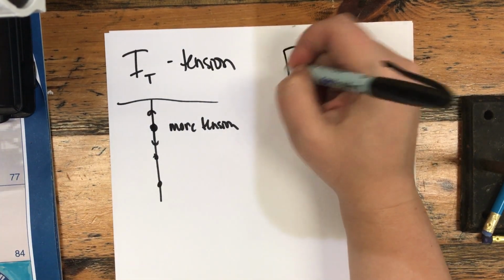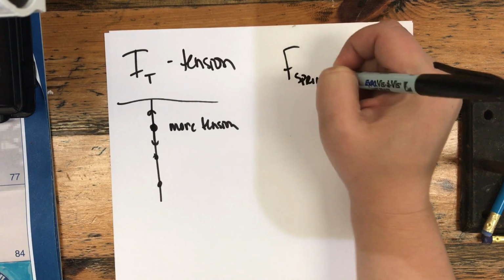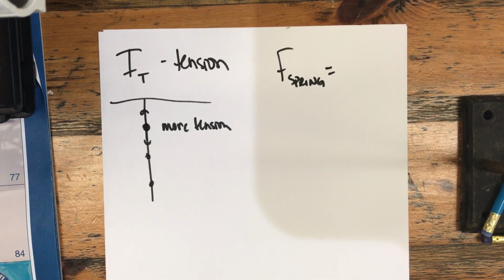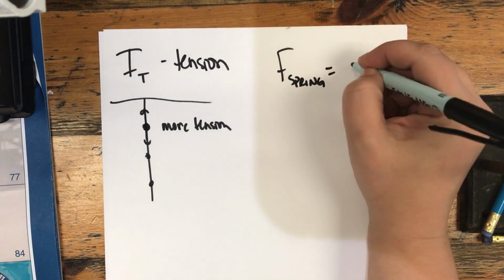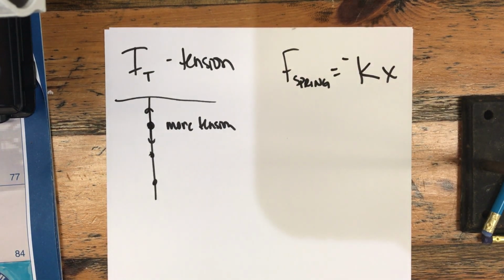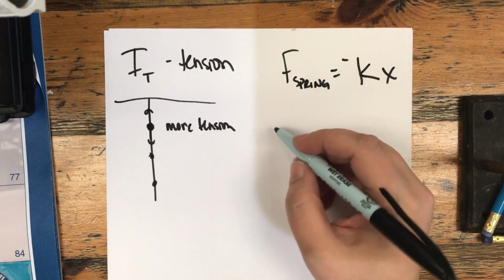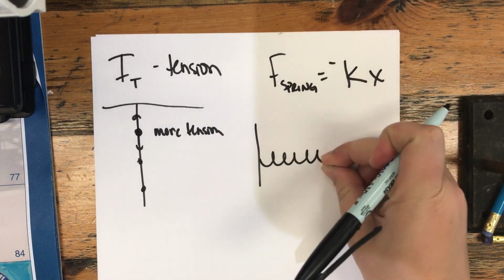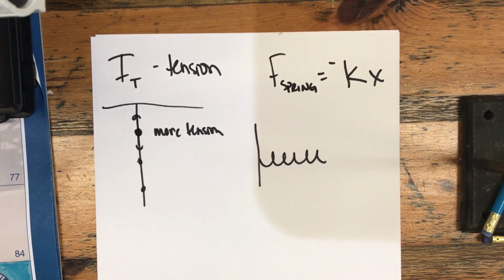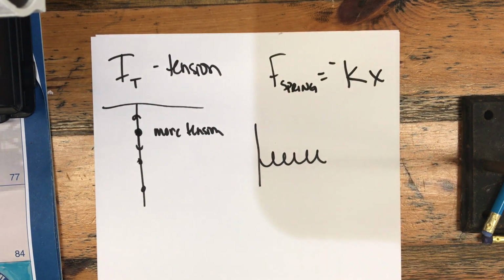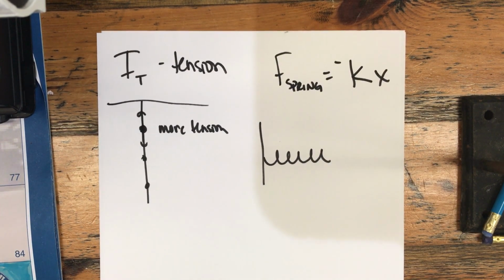Right? Then we also have this idea of spring force, which we really didn't talk about in this unit, but it came into play later and it is used a lot in Newton's laws problems. So spring force is equal to K times X, and this really is negative KX because if I have a spring right here and it's just sitting there, if I were to pull on it in this direction, the spring pulls back. Right? And so the amount of force that it takes to displace a spring is called the spring force.